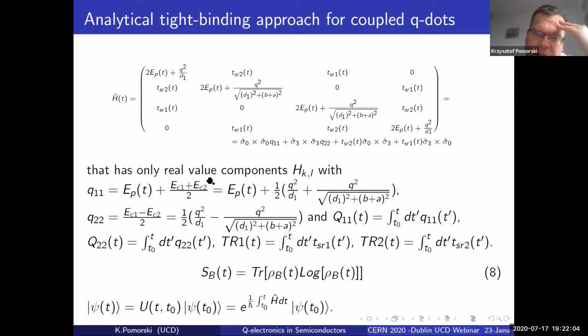So this is quite a simple Hamiltonian, and then you can get analytical solutions for the evolution, and thus you can have full knowledge of the evolution of the system. In particular, you can monitor the electrostatic entanglement. By this electrostatic interaction, there is entanglement emerging between those interacting qubits, and there is a von Neumann entanglement entropy SB that can be obtained, and I will give you a few examples of that.